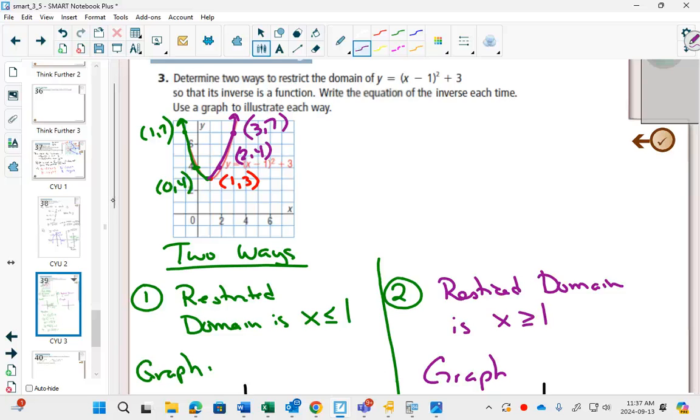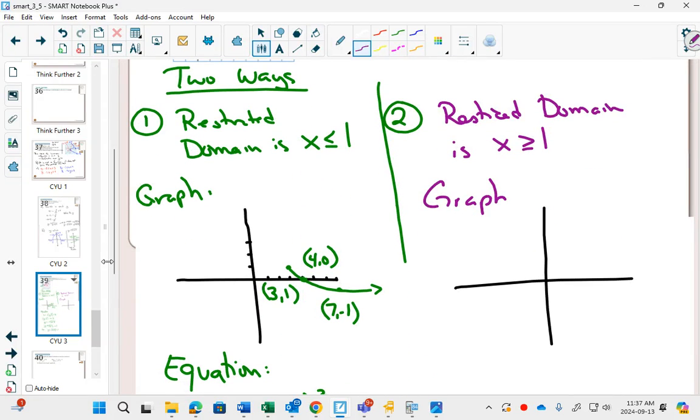So when I go to graph the purple side, I still have 3, 1. But I will now have 4, 2 and 7, 3.